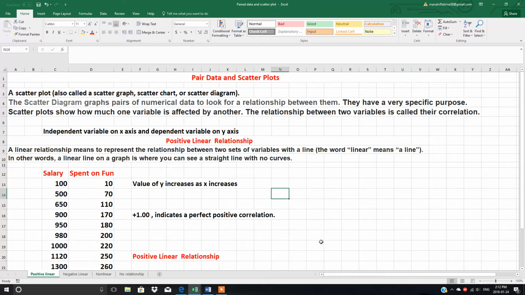We take salary on the x-axis and this column on the y-axis. The value of y increases as x increases. When you see a straight line going up, it is called positive, and indicates a perfect positive correlation.